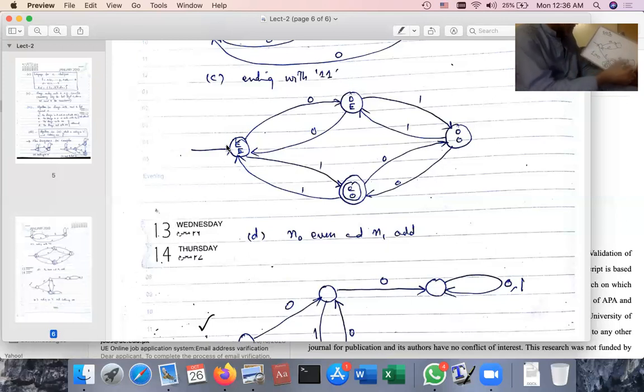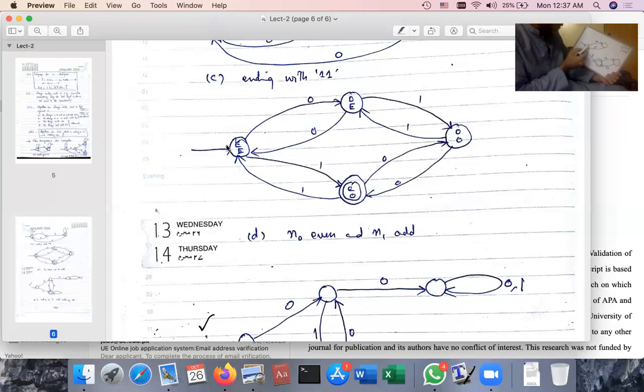Now this string is also accepted and this string is also accepted. So now this is a new design. Now take these examples here, that these two strings are now passed, which are the legal strings, and now take another string just to complete your diagram.